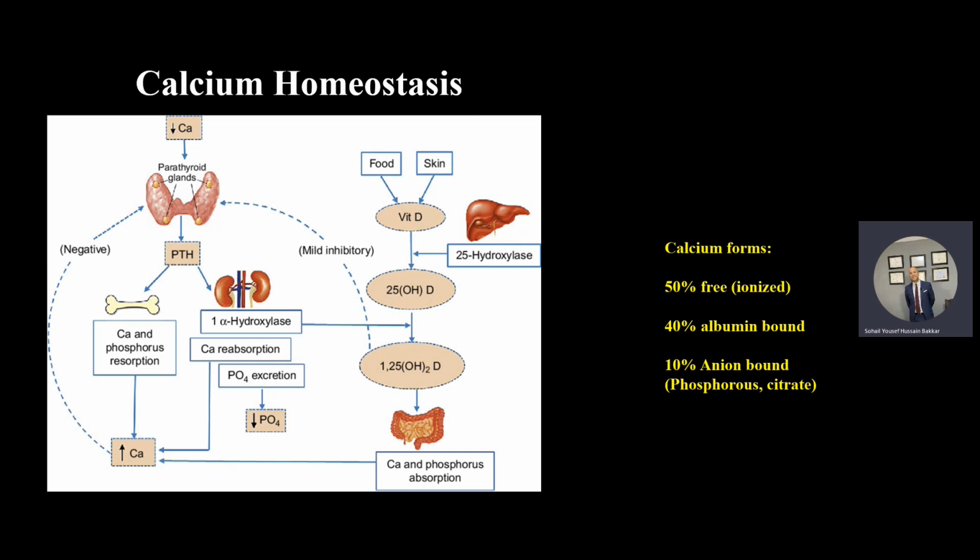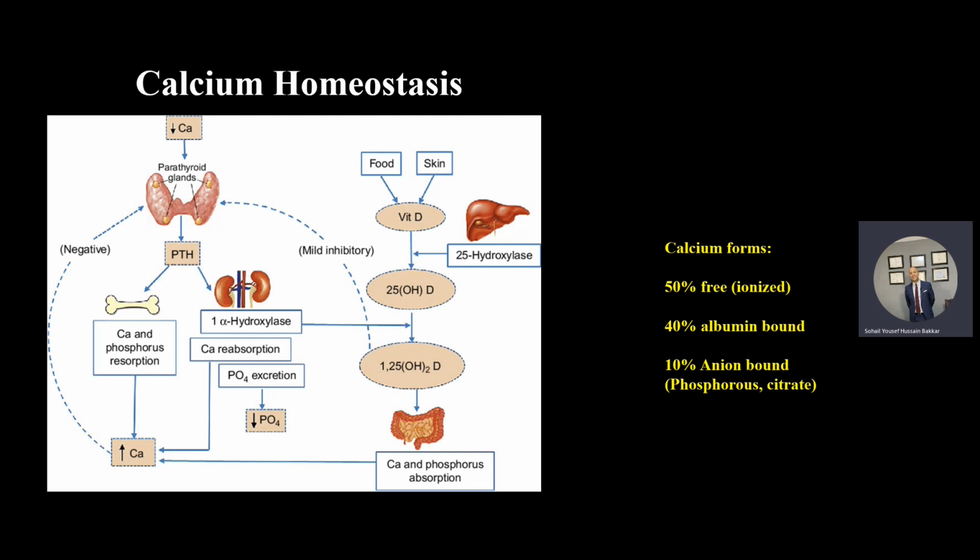We either have a parathyroid adenoma secreting parathyroid hormone autonomously, or we have two parathyroid adenomas autonomously secreting parathyroid hormone, or we might have four glands being hyperplastic and autonomously secreting the parathyroid hormone.